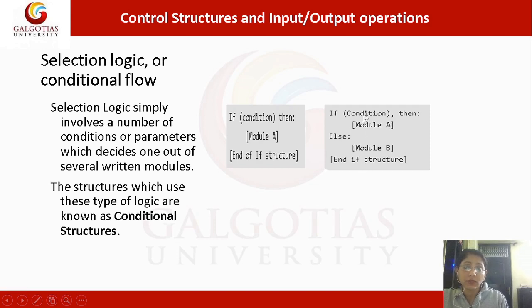So here, based on the condition, or some decision, the control flow of execution will vary, either module A or module B. Therefore, selection logic simply involves a number of conditions or parameters which decide one out of several modules. Either module A or module B will be executed based on the condition. The structures which use this type of logic are known as conditional.